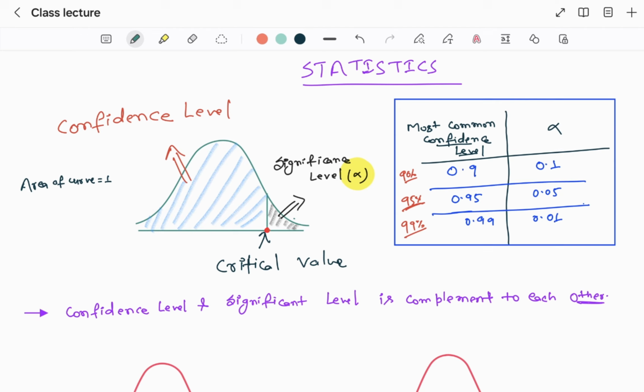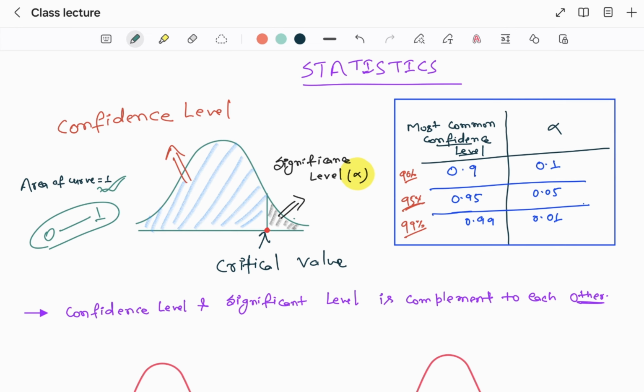So let's see what the confidence level is. It says that we are confident enough that our data will lie in this region, that is the confidence level. Another thing, as we know that this is a probability curve, the probability value lies between 0 to 1. So the whole area under this curve will be equal to 1.